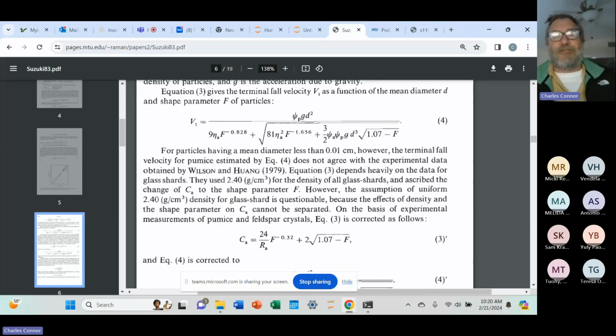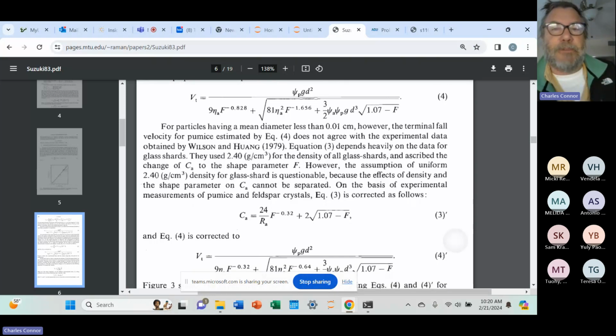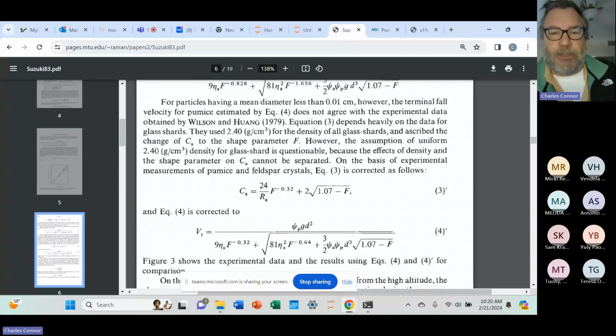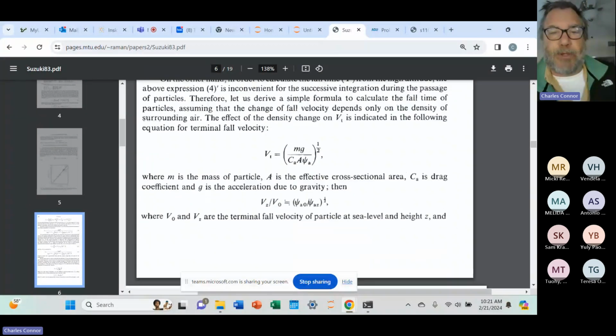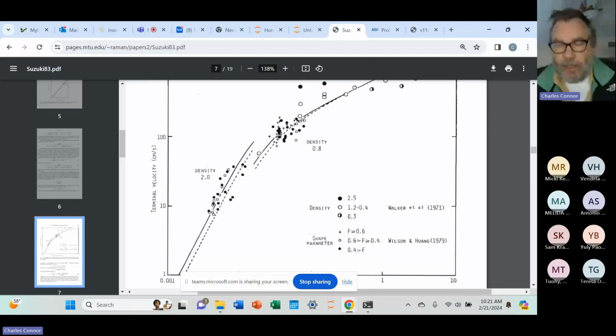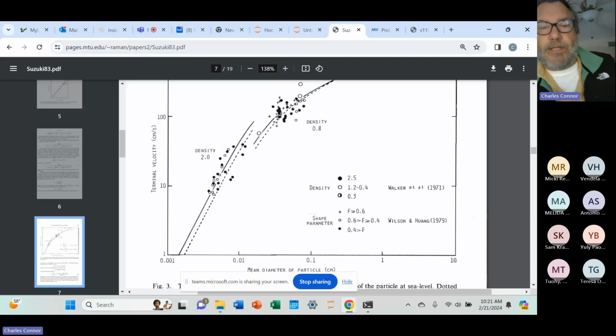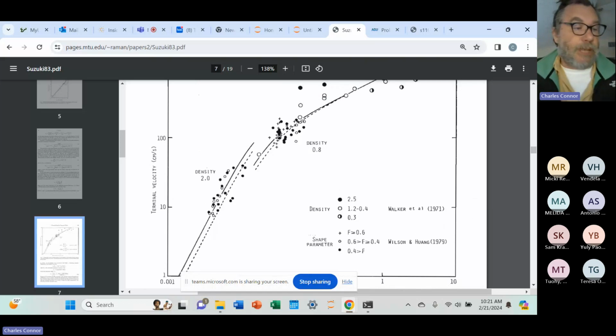Okay, he also had to develop an equation for the rate at which particles fall out of the atmosphere. And so he developed this sort of complicated looking, probably overcomplicated formula for characterizing the settling velocities of particles in the atmosphere, and used data that had been collected by George Walker and by Lionel Wilson and colleagues in the 70s, showing what the relationship is between the terminal velocity of particles as a function of the mean particle diameter, and tossing density in for good measure, and something called the shape factor.